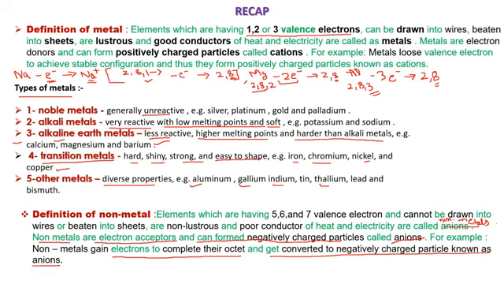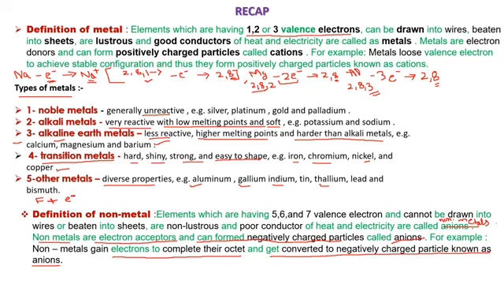So let's take a few examples of non-metals also. Let's start with fluorine. Fluorine, as we know, is a non-metal, and non-metals have a tendency to gain electrons. So that is why I am putting a plus sign here, electron e negative. Why have I put a negative sign here?